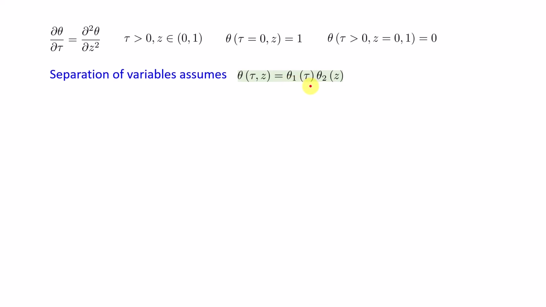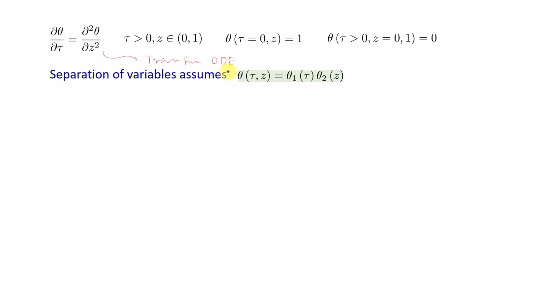This gives us our goal: we want to transform this partial differential equation to an ordinary differential equation, because we know how to solve ordinary differential equations, which is much easier. Separation of variable will help us do that.